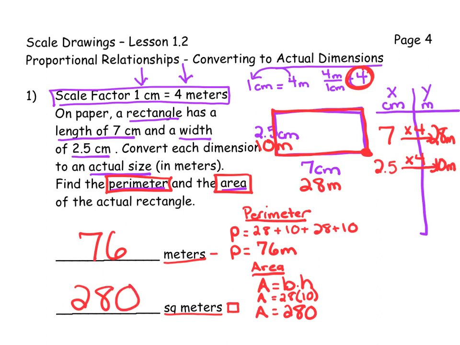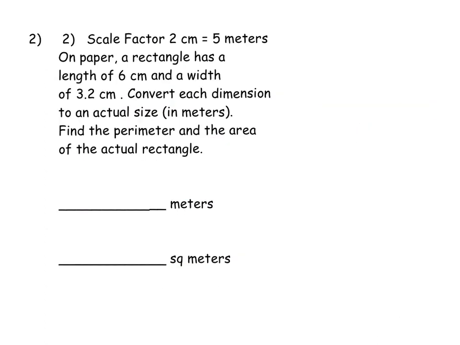Let's move to the next problem, problem number 2. If you need a little bit more time to complete this problem, pause the video. Problem number 2 states that the scale factor for this problem is 2 centimeters equals 5 meters in the real world.